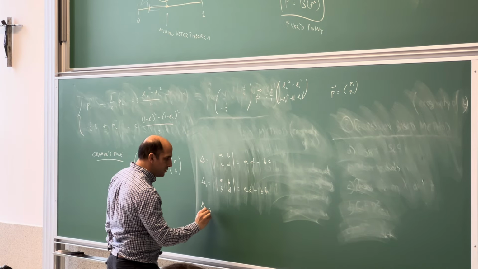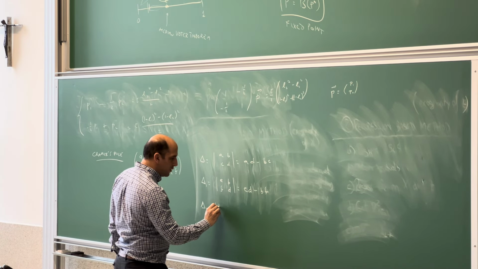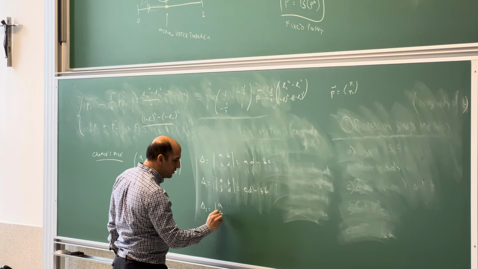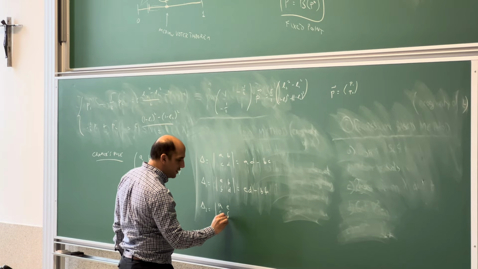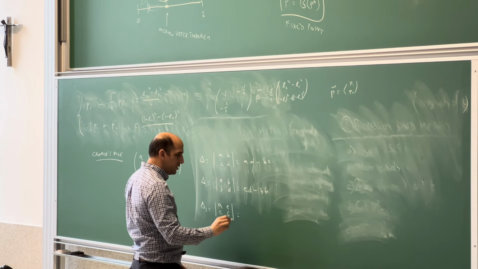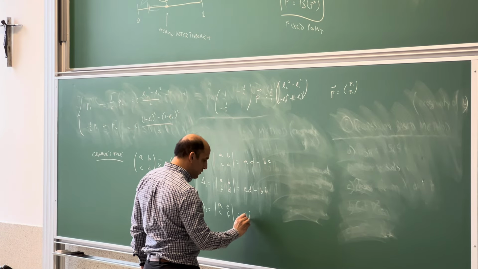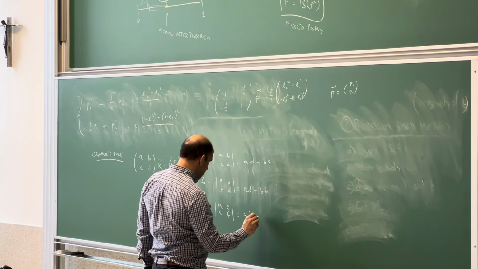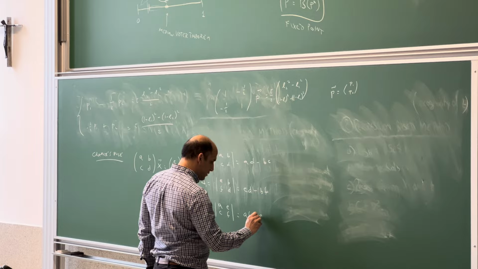Delta 2 is the determinant of A, C, E, F, which is AF minus EC.